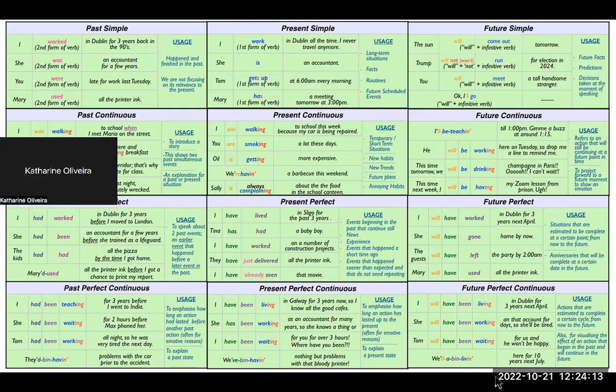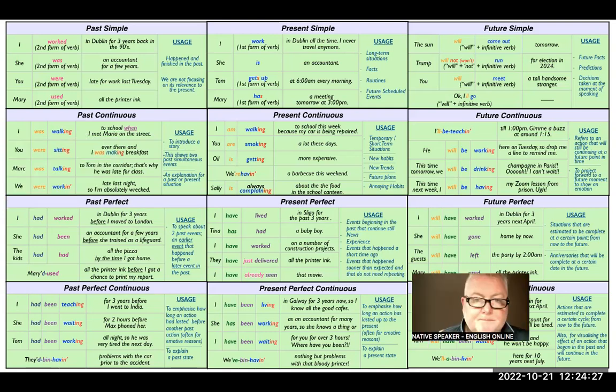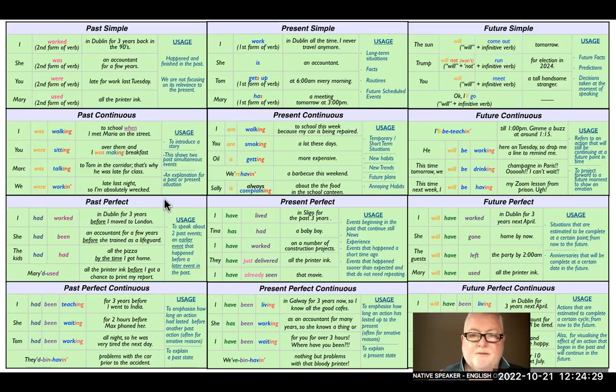Past perfect. No, not the present perfect. Past. What's the past? You have to give me the correct name. Past perfect? No, not the past perfect. A doctor's appointment next week. What tense would you use?